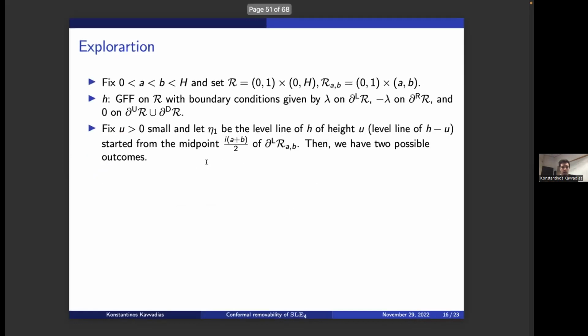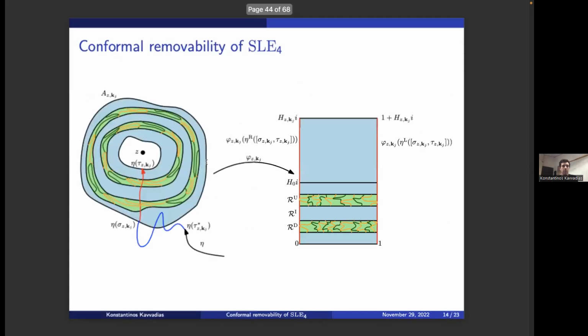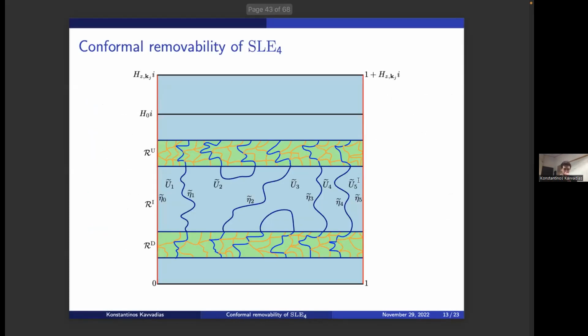Because if we go back to, where is it now? Yes, to that picture. So here we have performed the exploration on the upper and lower rectangles. So here the blue crossings, someone should imagine them to be the 0 height crossings that we described earlier, and the orange crossings are the crossings whose height is not equal to 0.